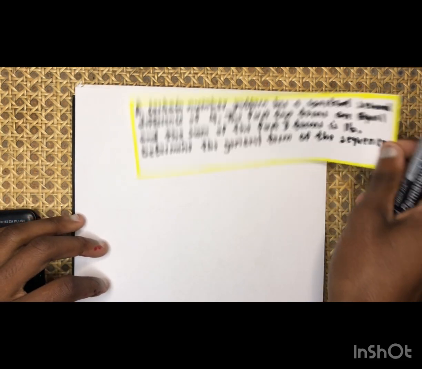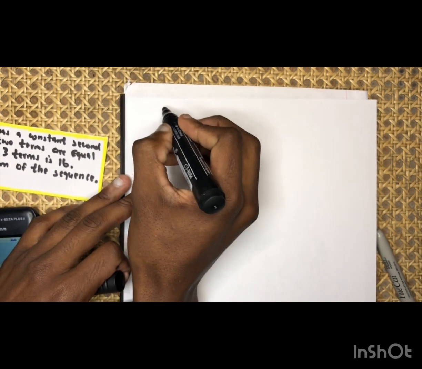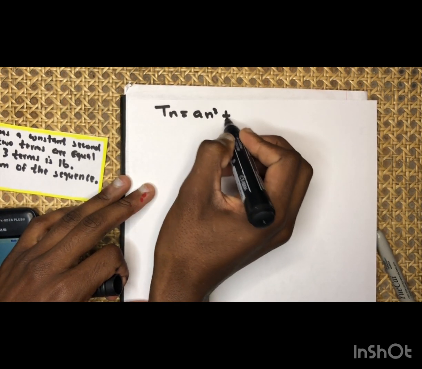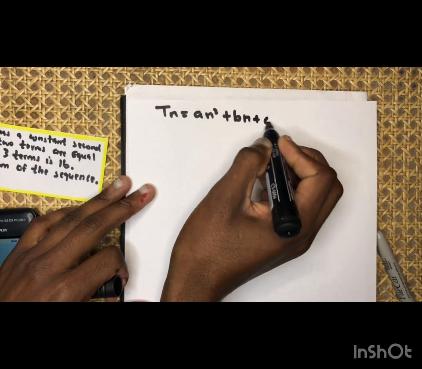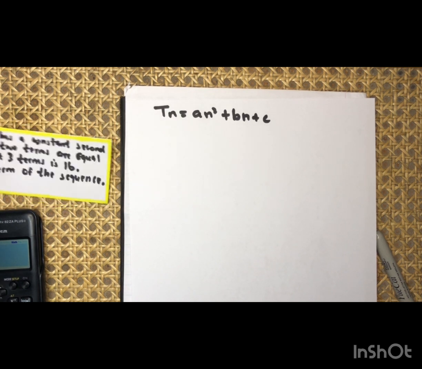So now it's easy guys, let's write what we want. We want Tn equals an squared plus bn plus c, because they're saying find the general term. Right, let's gather the information that we have.